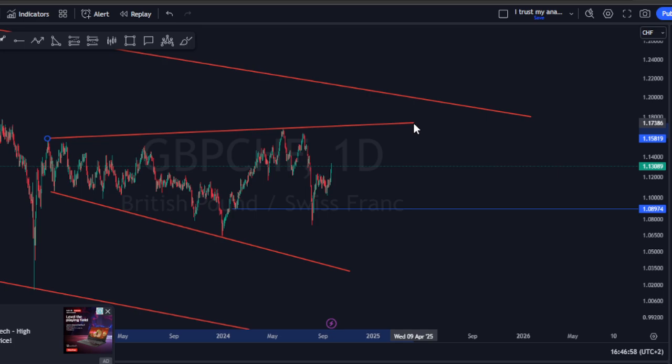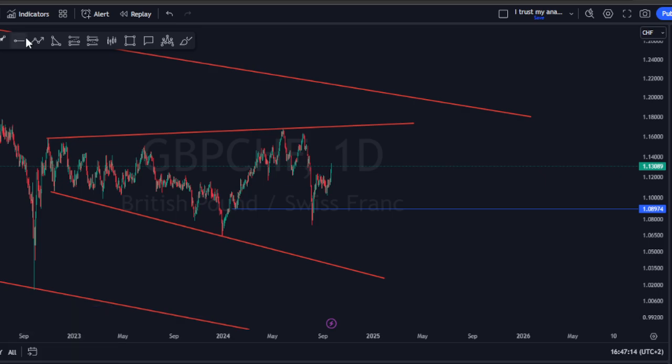So now that we have this pattern identified, as you can see, price pushed down, and according to this pattern, it's supposed to go all the way down and then go up, like that.